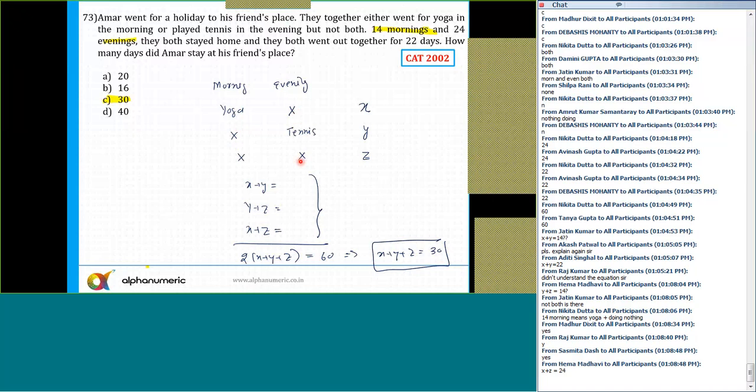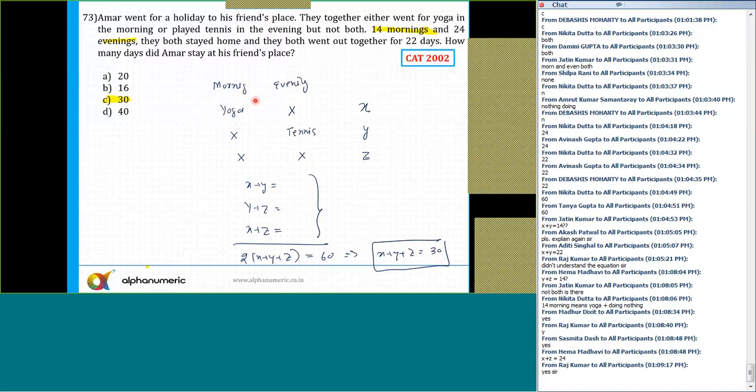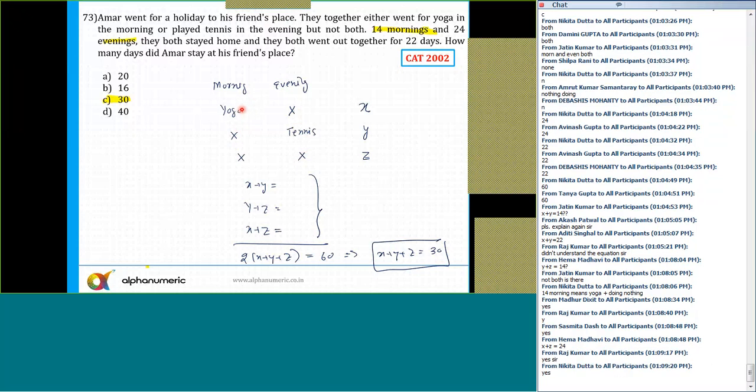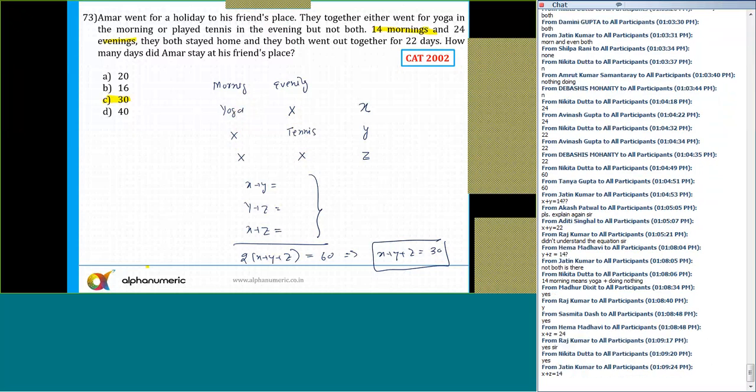No, X plus Z is 14. X plus Z is equal to 14.